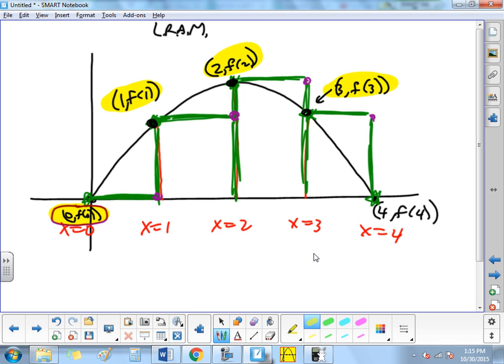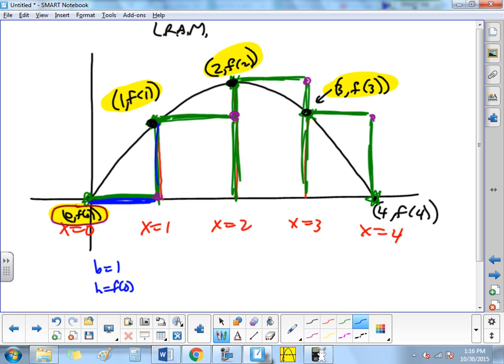Okay, so the area of the first rectangle is obviously just length times width, or you could say base times height. I would say its width is 1. You agree? Okay. So the width is 1, but the height is f of 0. So we'll just use base and height instead of length and width.